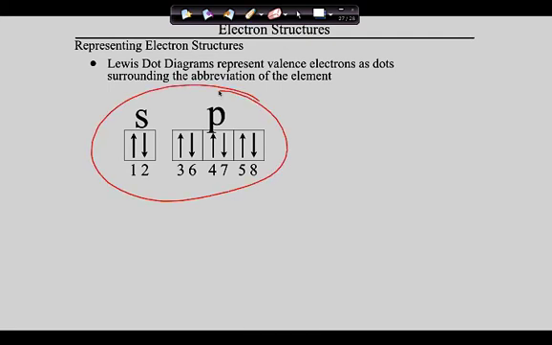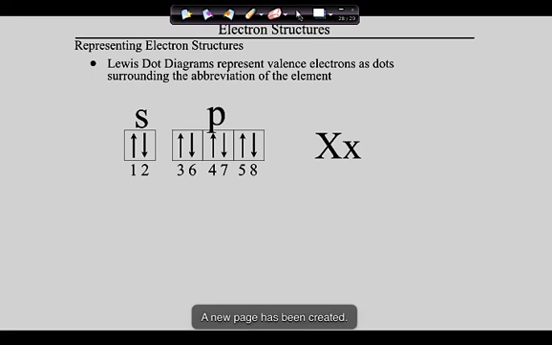So what we're going to do in Lewis dot diagrams is represent these same electrons, these valence electrons, but instead of drawing them as arrows, we are going to draw them as dots. And those dots will surround the abbreviation of the element. There is not an element XX, but as an example, the way that this will work is we are going to imagine that there is a box above the abbreviation.